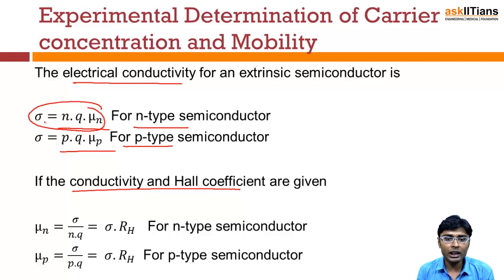Mobility will be equal to conductivity divided by N into q, and 1 by N q is equal to the Hall coefficient, right? Similarly, for p-type also we can write the formula of mobility. So we can also derive the mobility of the semiconductor.